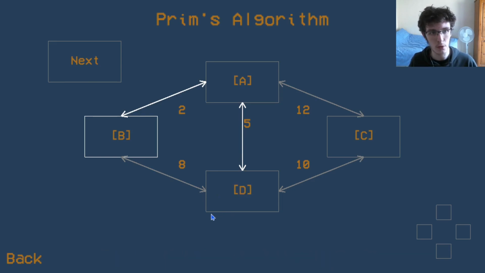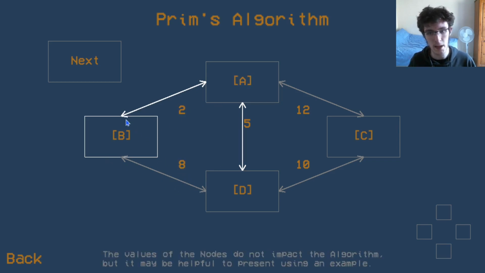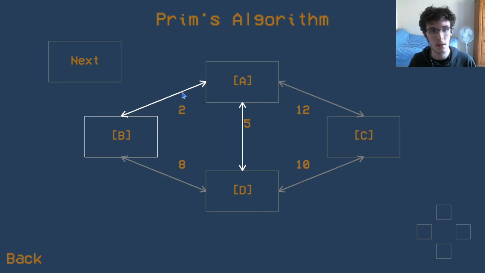We don't want that. We want the smallest amount of roads possible. So even though this is the smallest edge that we have left in the graph that isn't being included yet, it's not going to be very useful to us. It's going to create what's called a cycle, which is where you can return to the same node without traversing an edge more than once.